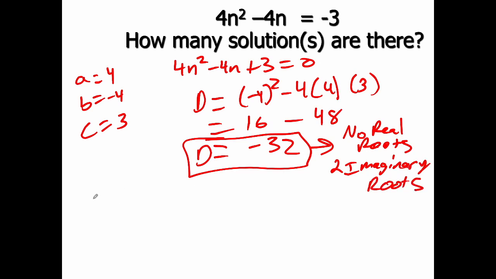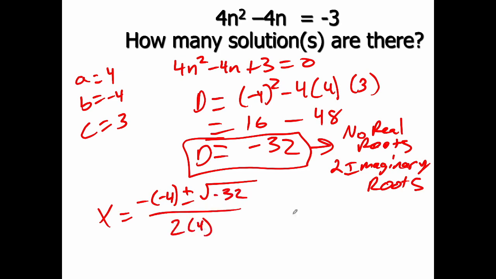Okay, so we've got x is equal to negative b plus or minus the square root of negative 32, all over 2a. I would break the square root of negative 32 down into the square root of negative 1, the square root of 16, and the square root of 2. And remember, that's 4i root 2.